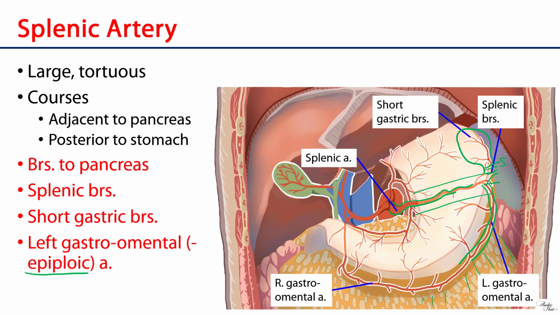It's going to anastomose with the right gastro-omental artery, which is a branch of the gastroduodenal artery, which is a branch of the common hepatic artery. So the gastric arteries, left and right, serve the lesser curvature, and the gastro-omental or gastroepiploic arteries are going to serve the greater curvature of the stomach as well as the omentum.